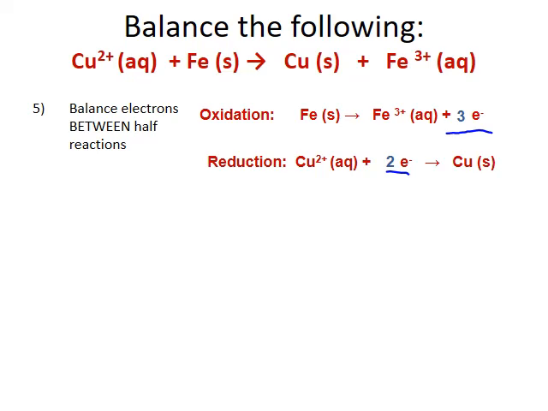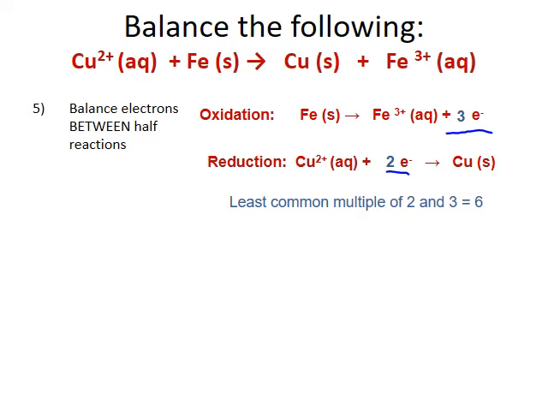Instead, we need to increase both reactions to the same number of electrons while keeping the charge balance the same. And to do this, we figure out the least common multiple between the number of electrons in each half reaction. Then we multiply all the substances in the individual half reactions by whatever is necessary to increase the electrons to that least common multiple.